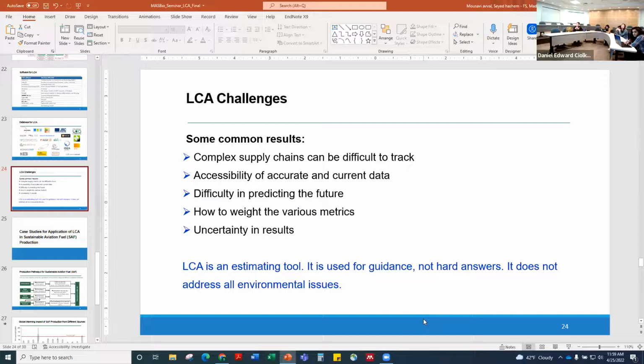And so what's your advice to us as researchers who are either carrying out LCA or reading and trying to understand LCA? What sense should we make of these hard numbers that are coming out of the LCA methodology if we are not supposed to be using it for hard answers?